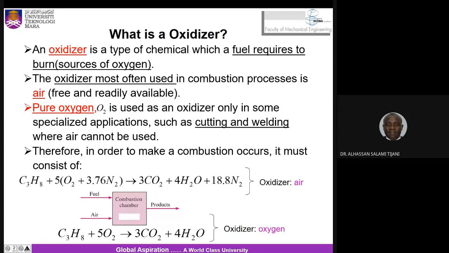But here we are more interested in the oxidation situation. So an oxidizer is a type of chemical which a fuel requires to burn, and the source is oxygen. The oxidizer most often used in combustion processes is air. In atmospheric air, there is a large pool of oxygen that we can make use of. You understand?